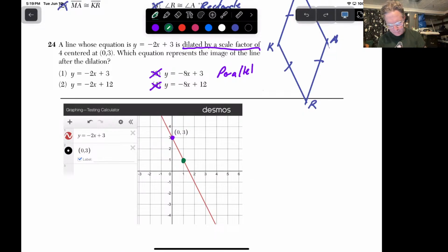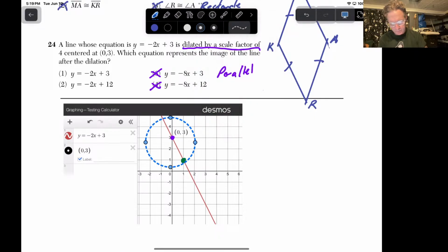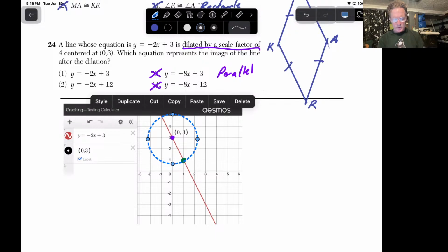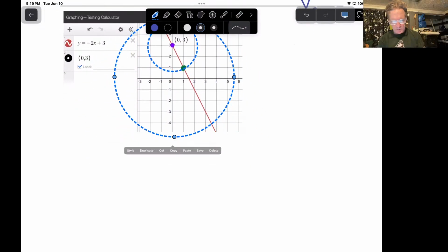So if that's going to be stretched out by a scale factor of 3, and let me use a dotted line, it's going to be like 3 times bigger.